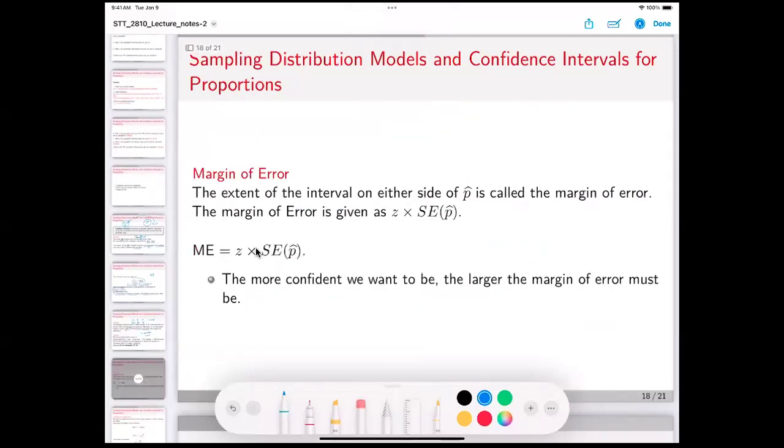Now, the next thing we want to talk about is the margin of error. And then the margin of error is given as Z times the standard error. So you should also write that down. The margin of error is given by Z times the standard error.